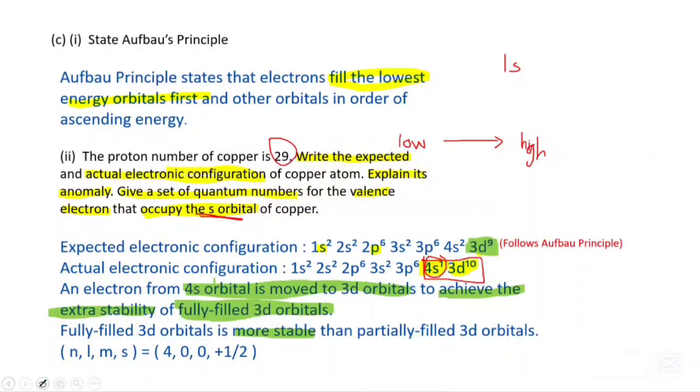The set will be 4, 0, 0, plus half, or you can write 4, 0, 0, negative half. Why is it 0? Because in the previous question, I mentioned that for the s orbital, the angular momentum quantum number is 0. If the angular momentum quantum number is 0, then the magnetic quantum number will also be 0.